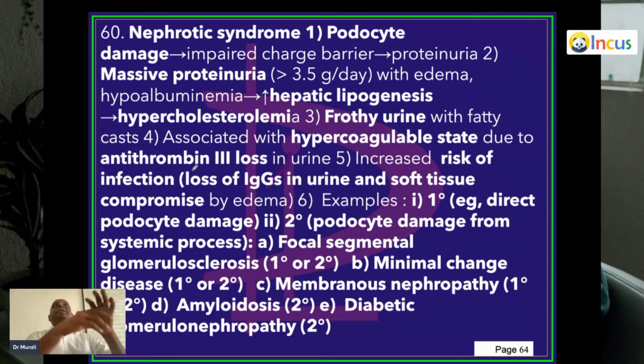That's the reason, the loss of the negative charges, because the loss of the podocytes will lead to loss of albumin into the urine, which is responsible for nephrotic syndrome. In nephrotic syndrome, there is a massive proteinuria, that is protein levels are more than 3.5. And there is a hypoalbuminemia, low albumin.